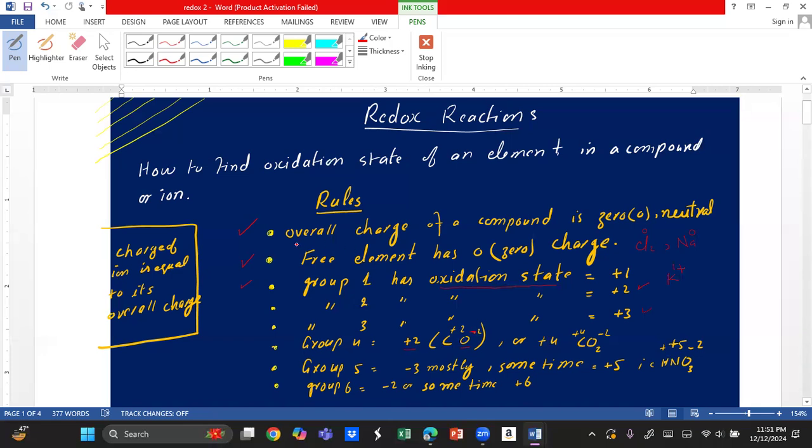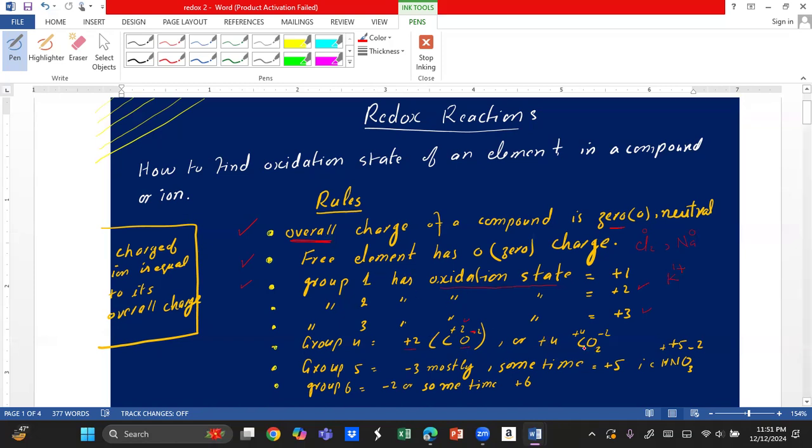And we know that overall charge of a compound is 0. So in order to make it 0, carbon will be having positive 2. -2 of oxygen and positive 2 of carbon will give us 0 result, no charge.